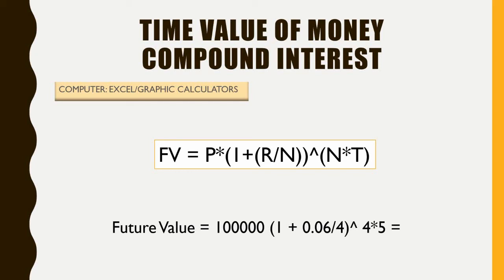So once you've done that, it should look like this. Your future value formula should be your $100,000 times 1 plus 0.06 divided by 4, caret 4 times 5. Now that's just without the whole parentheses. This is what it looks like plugging into the formula.